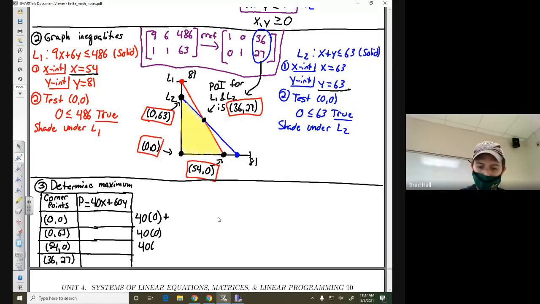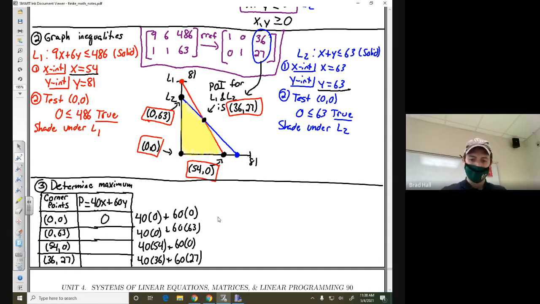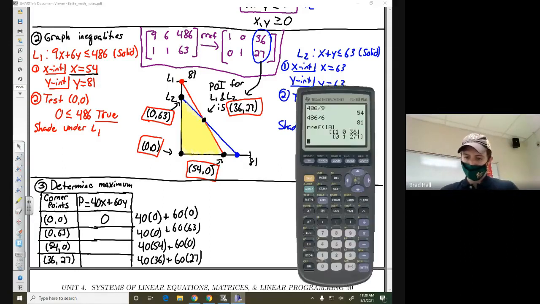The first one is 0, of course. 60 times 63, 40 times 54, 40 times 36 plus 60 times 27.